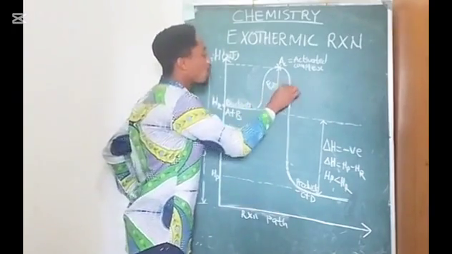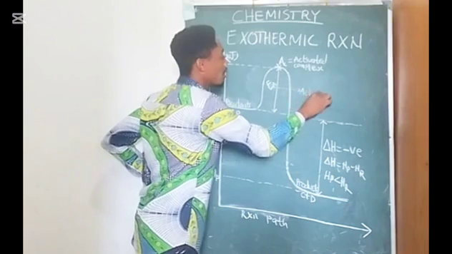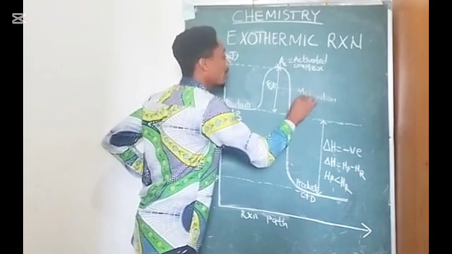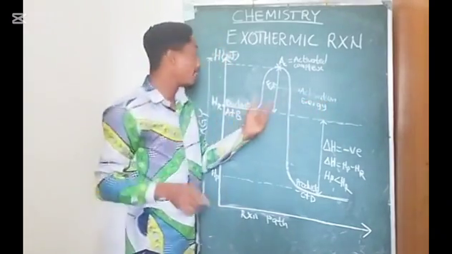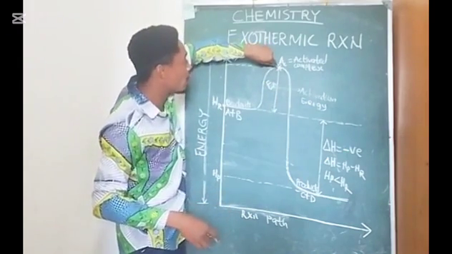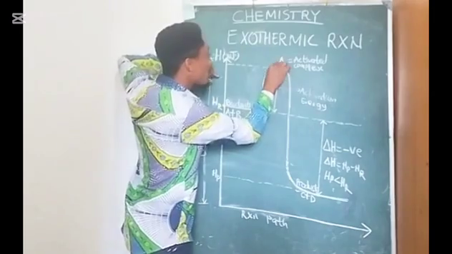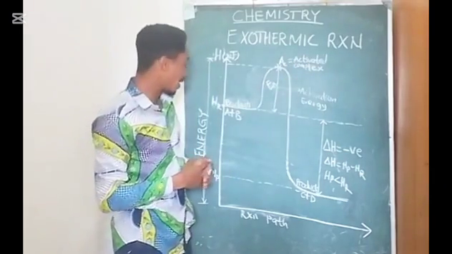So this is called the activation energy. You can also call it the energy of activation. Now, the peak, the point at which there is a decline, is called the activated complex.